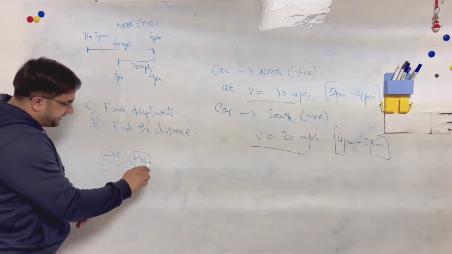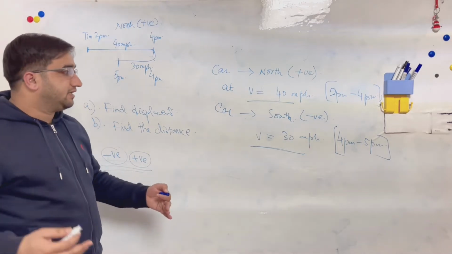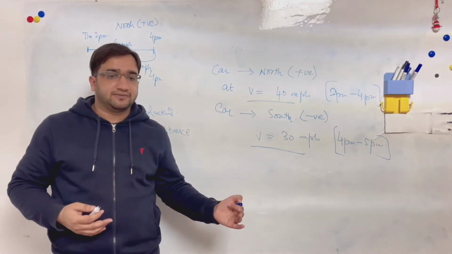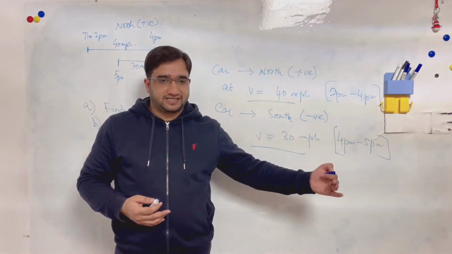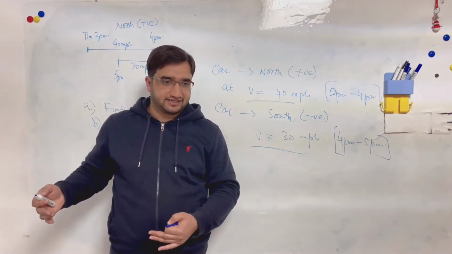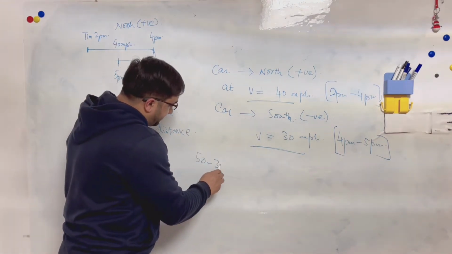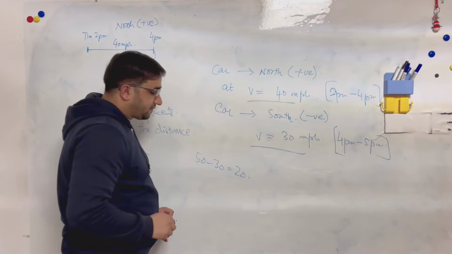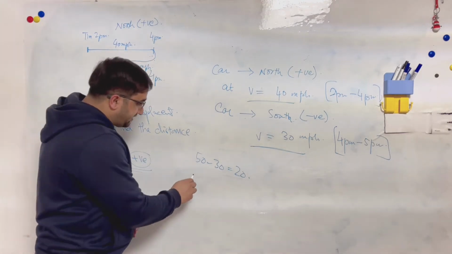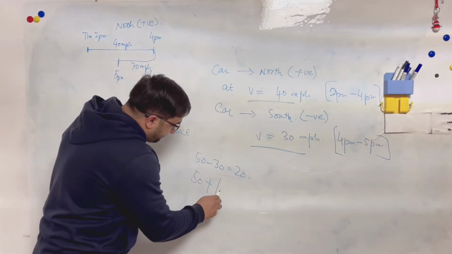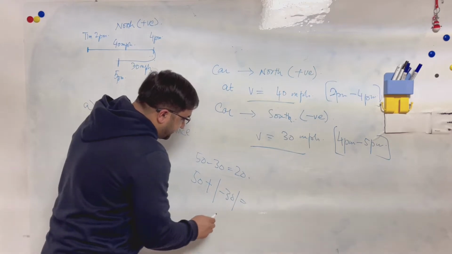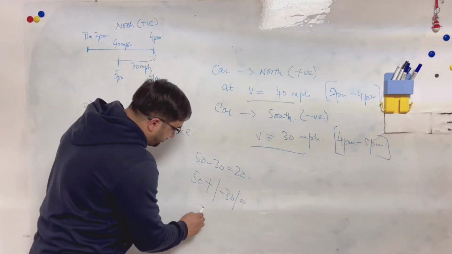For example, if the car traveled 50 meters in the positive direction and 30 meters in the negative direction, then displacement means 50 minus 30, which is 20. But the total distance means 50 plus the absolute value of minus 30, which means the positive of 30, whatever it is.